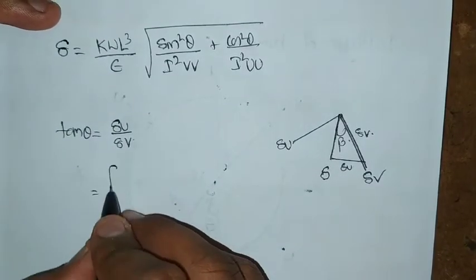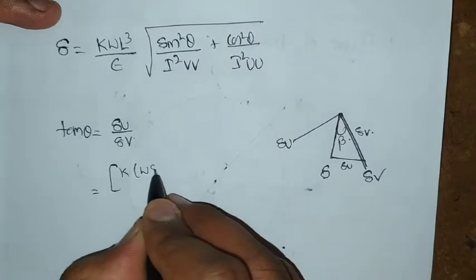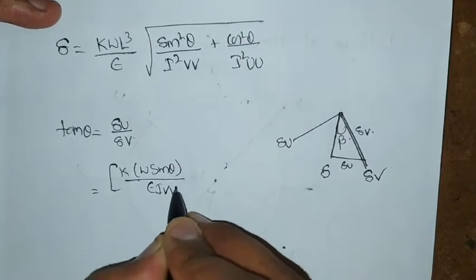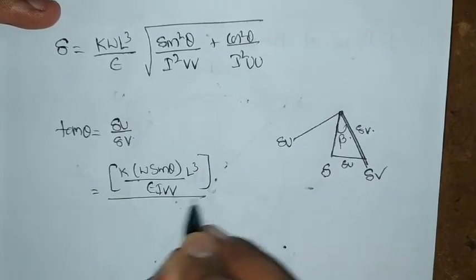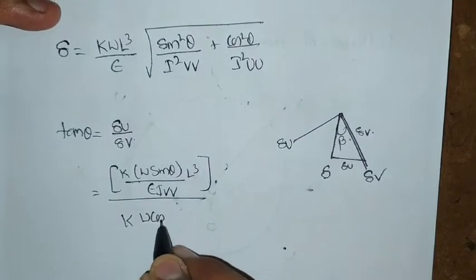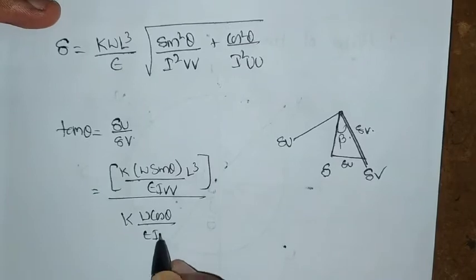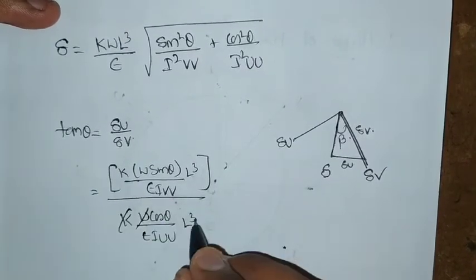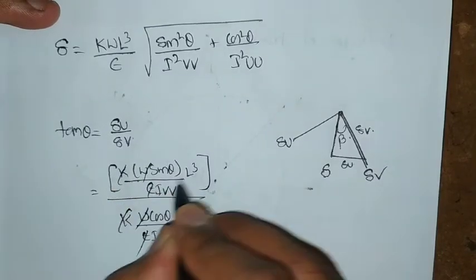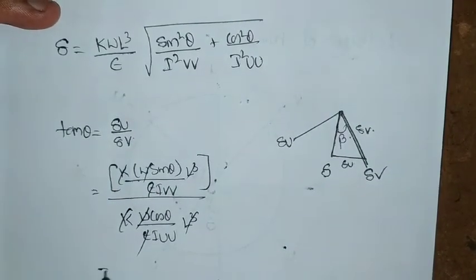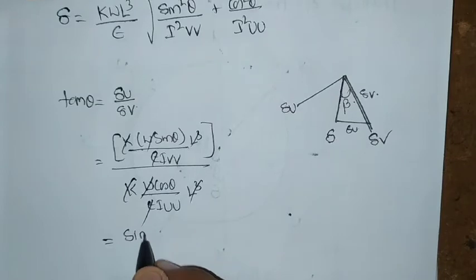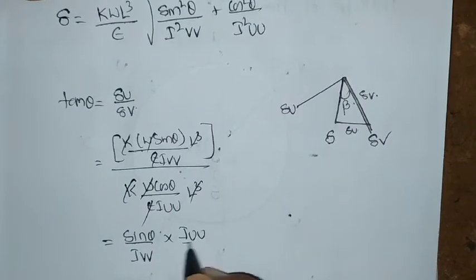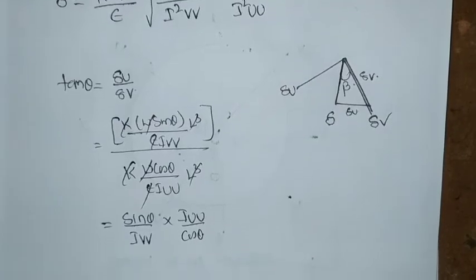So we know the delta U value, that is K into W sin theta by E IVV into L cube divided by K into W cos theta by E IUU into L cube. So here L cube, K, and E will get cancelled out. Then from this the equation can be written as sin theta by IVV into IUU by cos theta it will come.